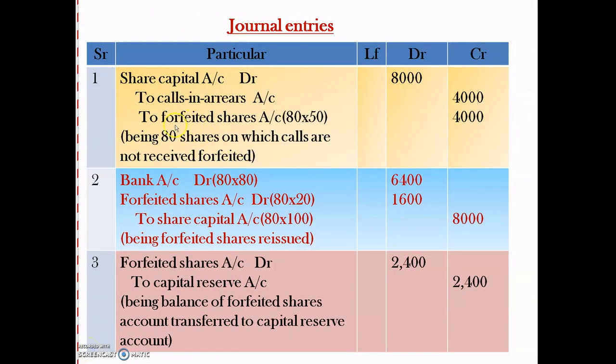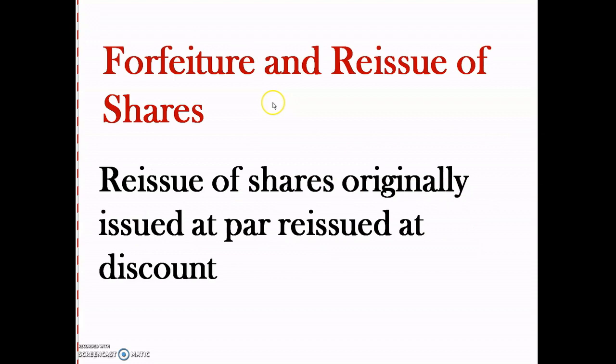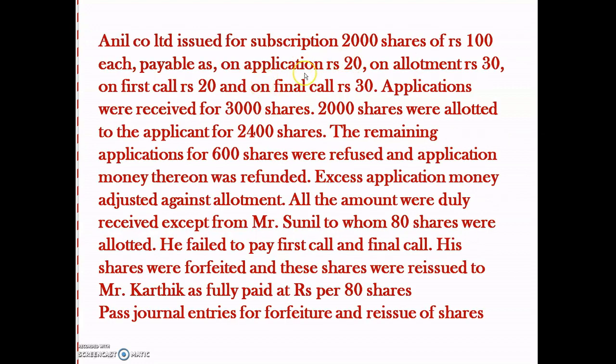Okay, after that write two forfeited shares account column, that is here 80 shares were forfeited. We have to take here 80 shares multiply with how much amount received. See here, in question, on application 20 and on allotment rupees 30, means here 50 received, and Mr. Sunil failed to pay the first call and final call. So we have to take only application money per share plus allotment money per share, that is 50.